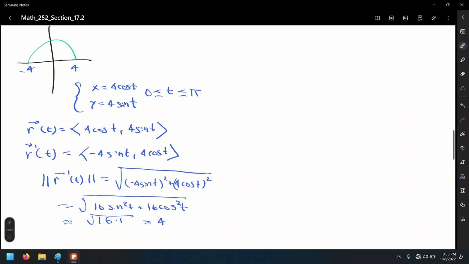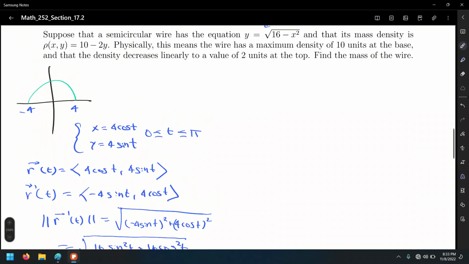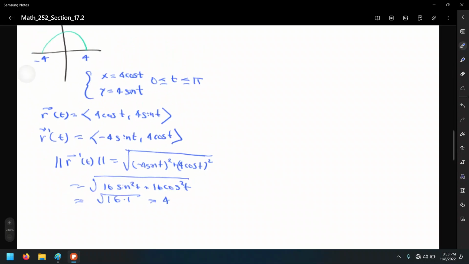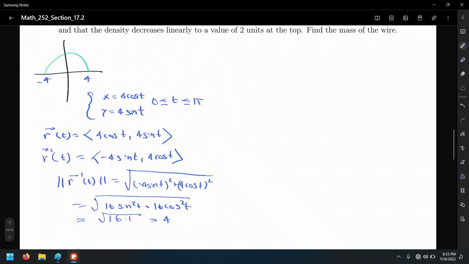Let's go back to the integral. The integral to find the mass is the line integral of the rho of x, y function over the arc length given by ds. Of course, we're doing this using our parameter t, which is why we did all this setup.